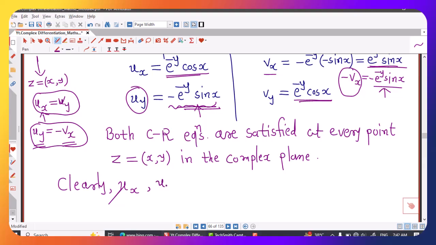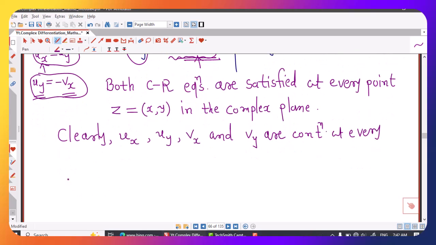Clearly del u by del x, del u by del y, del v by del x and del v by del y are continuous at every point z equal to ordered pair xy in the complex plane.